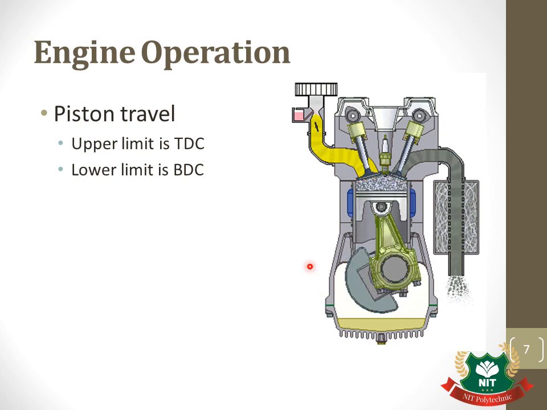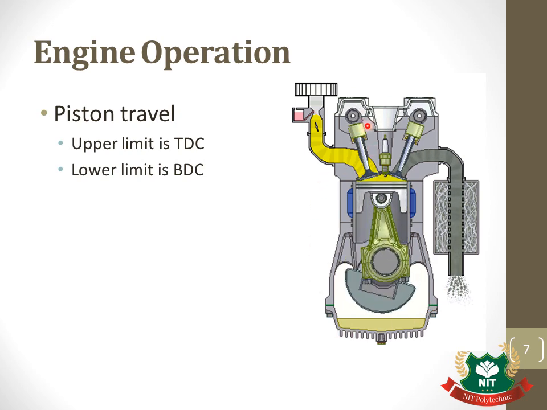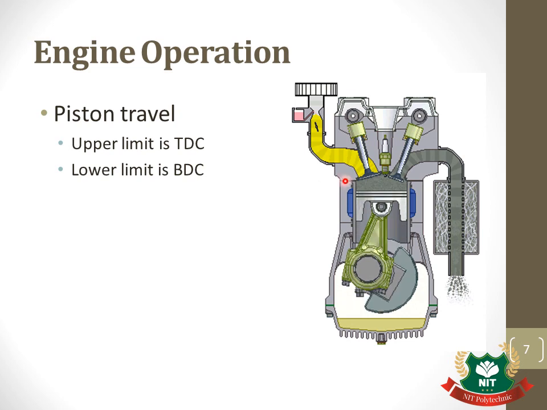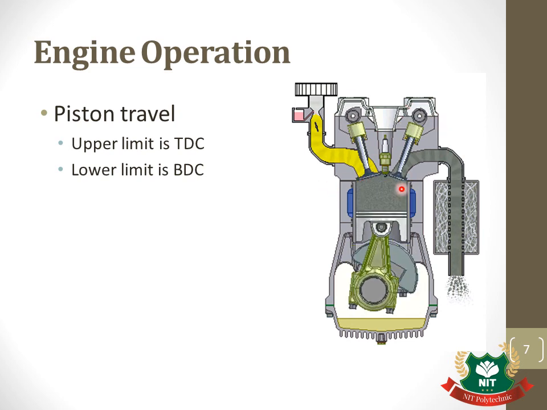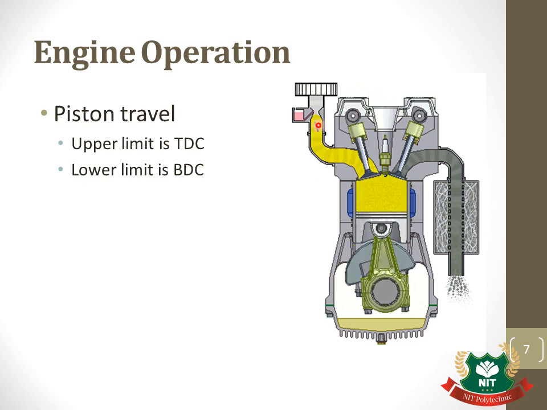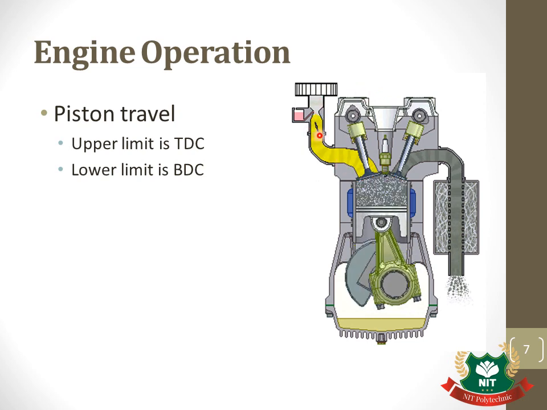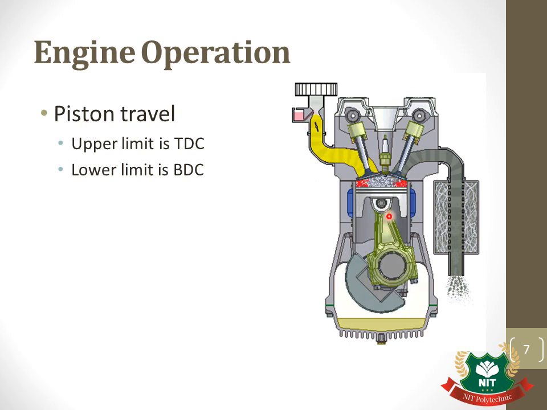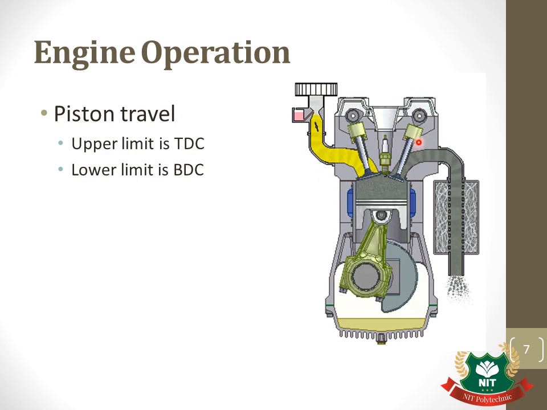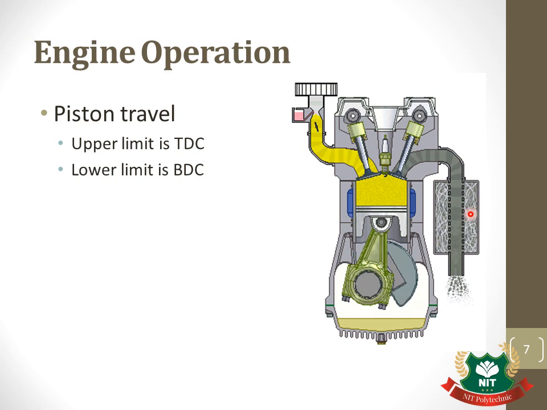Then we have these two valves. One is known as the inlet valve and the other one is known as the exhaust valve. As the name indicates, these valves are used to control the flow of air and fuel inside the engine cylinder. So that's why this valve is known as the intake valve, while this other valve is used to control the flow of exhaust gas from the cylinder.